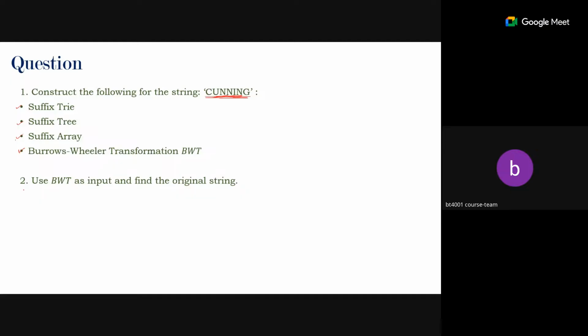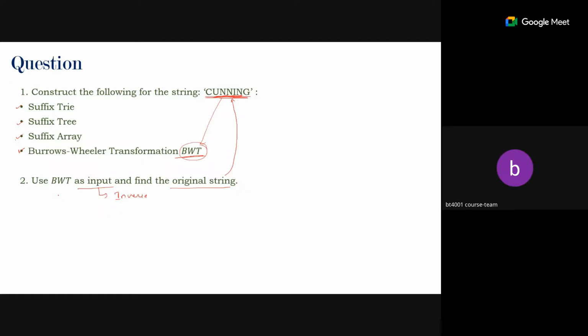Now, after this, whatever will be the Burrows-Wheeler transformation for this cunning word, we will use that as the input to the inverse Burrows-Wheeler transformation problem, and we will generate the original string, which is basically this cunning string.